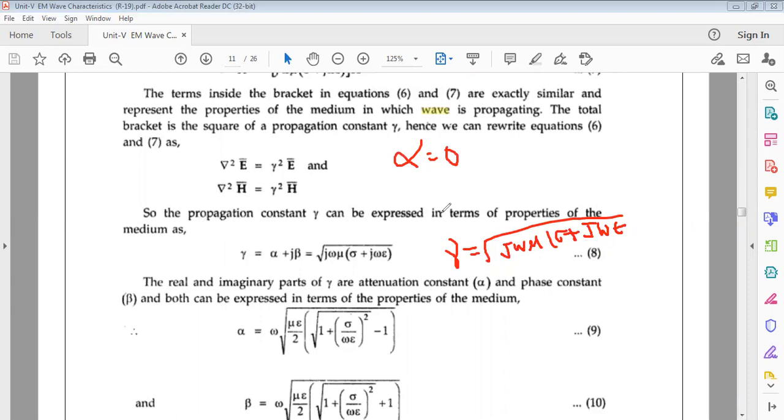Here, for a uniform plane wave in a lossless dielectric, alpha is equal to 0. We know the magnitude of JC bar by JD bar is equal to sigma by omega epsilon. There are two conditions we have. Less than 1 is a perfect dielectric.